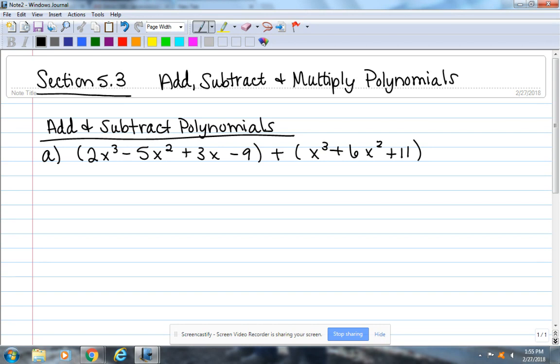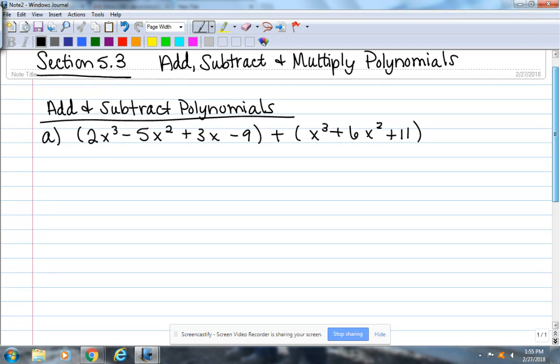So I know there's a lot of pluses and minuses going on. But you look between the parentheses, and that tells us that's a plus sign, so we're adding the two. So if you're adding two polynomials, all you do is combine like terms.